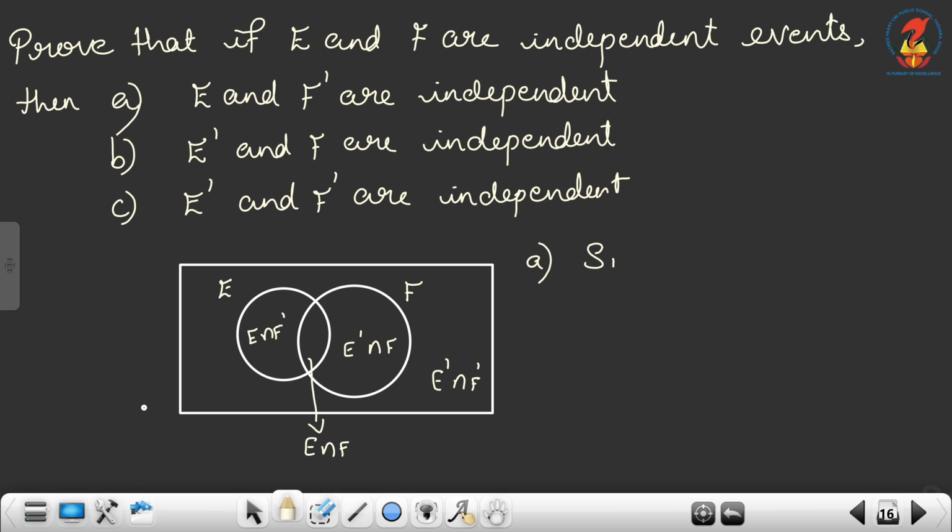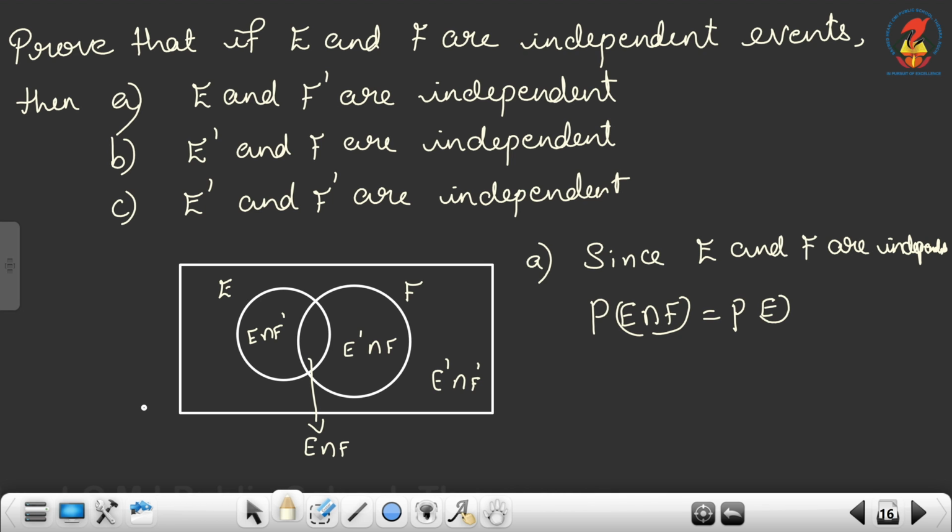What is given in the question? E and F are independent. Since E and F are independent, we can write P of E intersection F is equal to P of E into P of F. This is given in the question. And what we have to prove? E and F dash are independent.